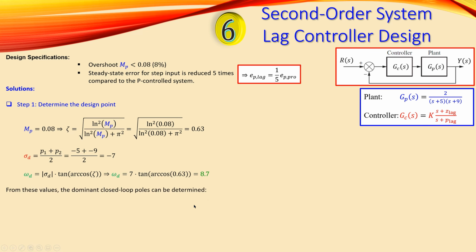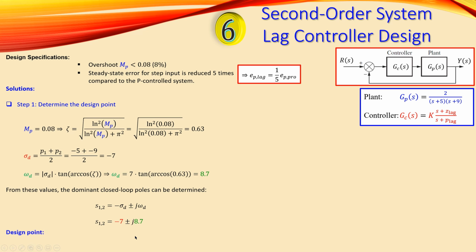Collecting these values, we can then determine the dominant closed loop poles for our system. And we assume that these poles will determine the dynamics of the system. We approximate this system using these two poles, which will be given by -7 plus or minus j8.7.